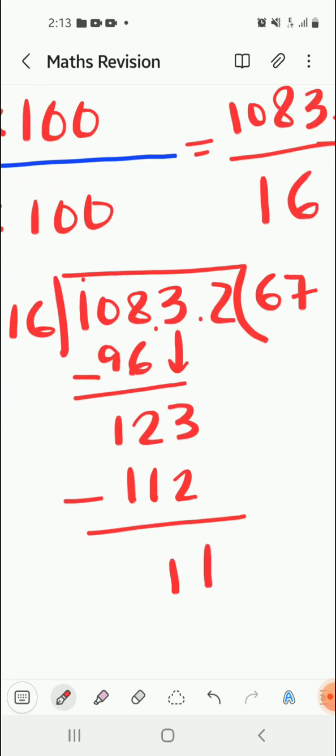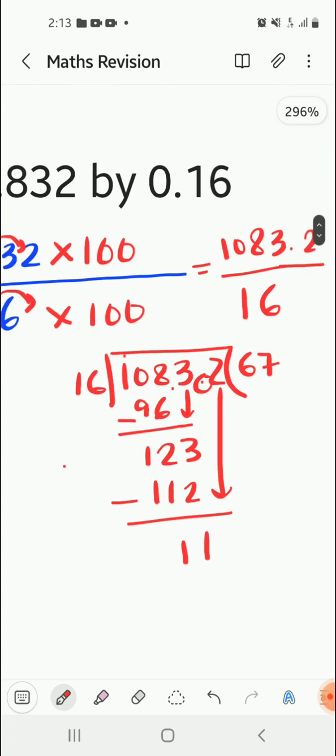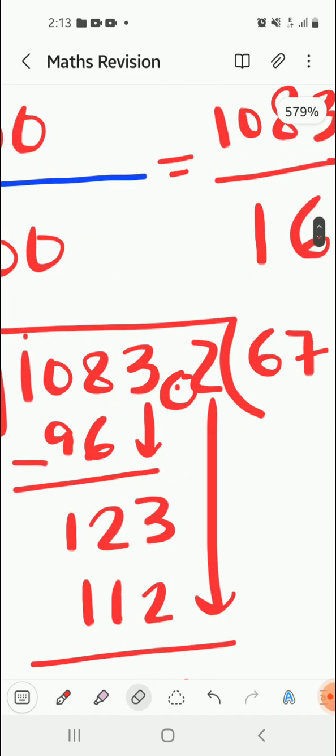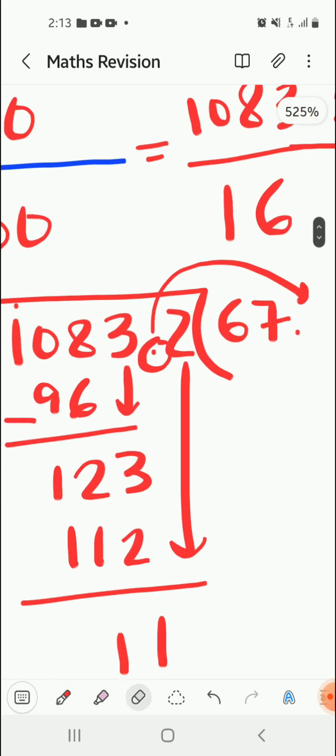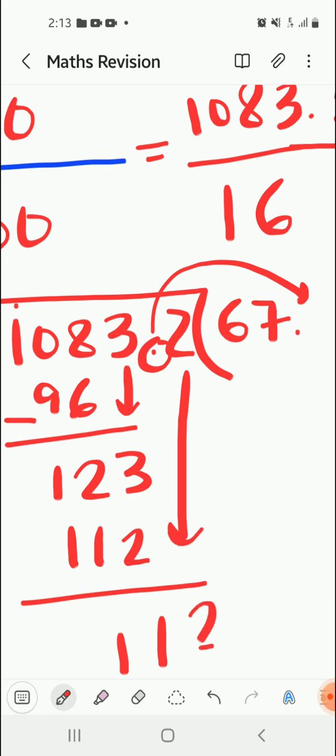Now you can see before the 2 shifts down, we have got a decimal place over here. So because you have got a decimal place over here, the decimal place first will shift here in my quotient, and then only this 2 will move down here. So the first step will be shift the decimal place, and then the next number shifts down.